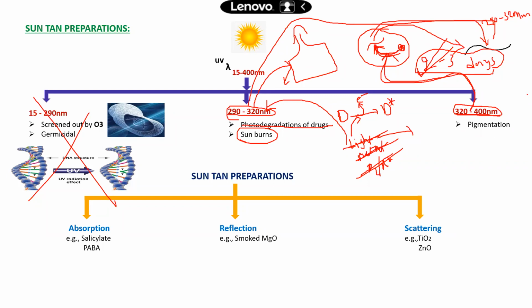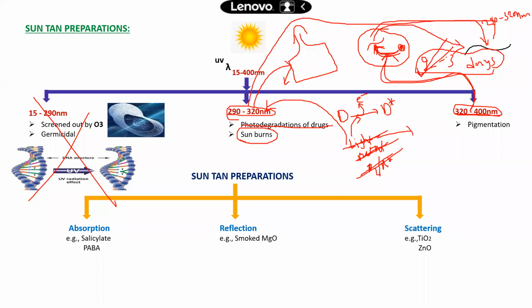But friends, once melanin pigment is formed, there is no need of applying cosmetic preparation. But sir, why are they applying it? Initial exposure. During these 2 to 3 days, you have to protect your skin from toxic UV radiation, 290 to 320 nanometer. How, sir?